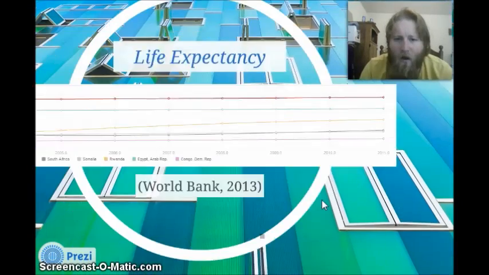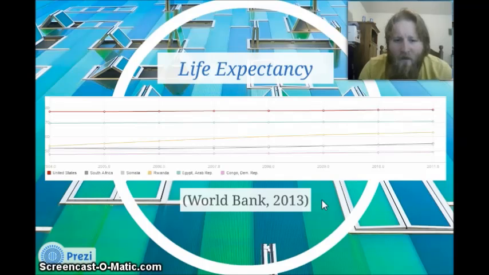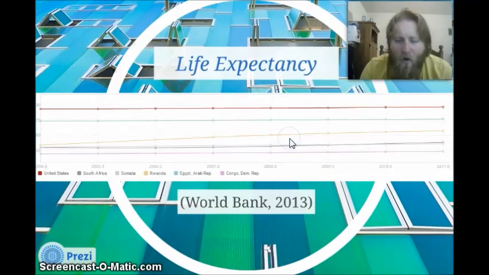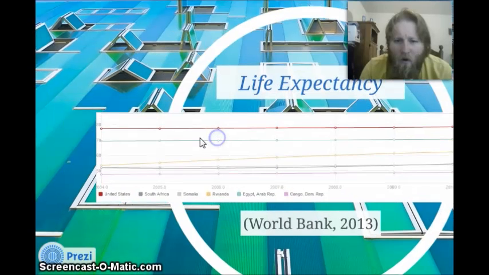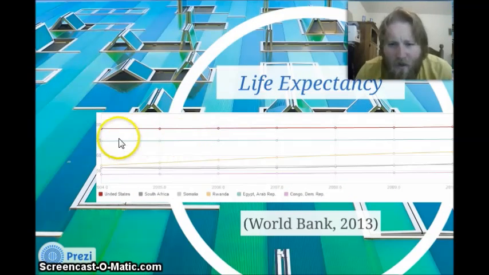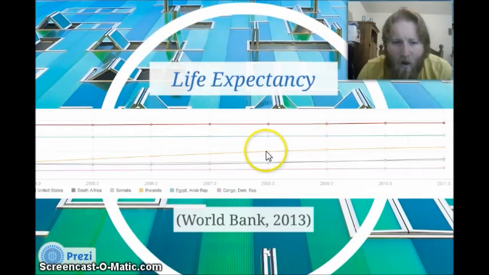So let's go ahead and look at the life expectancy. We'll go ahead and zoom in here. So looking at the United States, right around 80 years, and it's a pretty straight line.